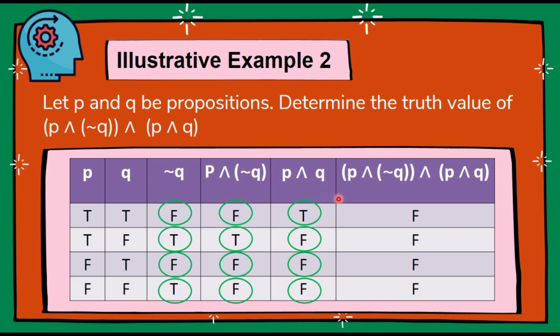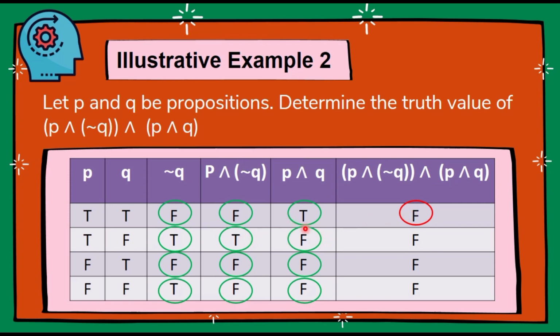Then we have the value of this proposition and the value of this proposition. So we apply again the conjunction. So false, true. Sabi ko nga sa inyo, pag may false, it's automatically false in conjunction. So it is false. True, false. Meron ulit tayong false.